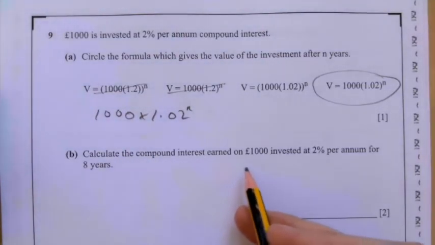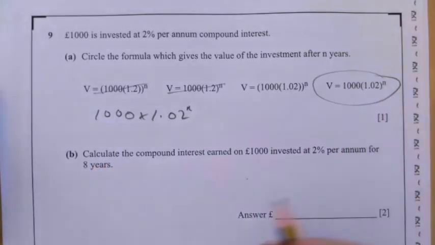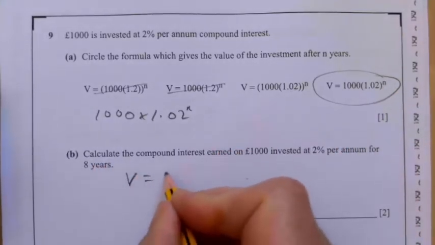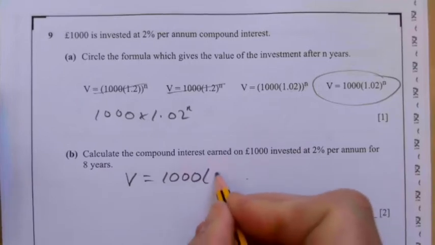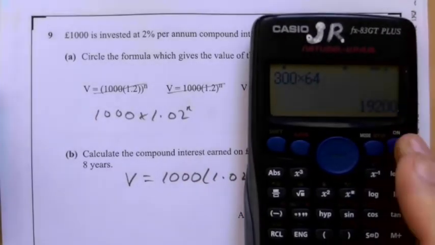Calculate the compound interest earned on £1,000 invested at 2% per annum for 8 years. So I'm going to substitute then the number 8 into here. So it's 1,000 times 1.02 to the power of 8.